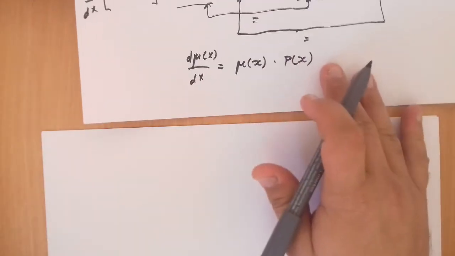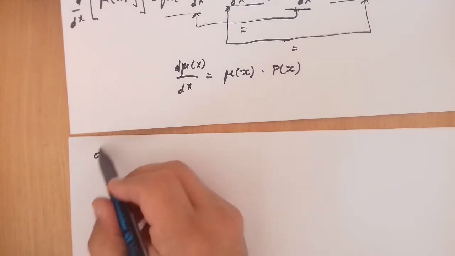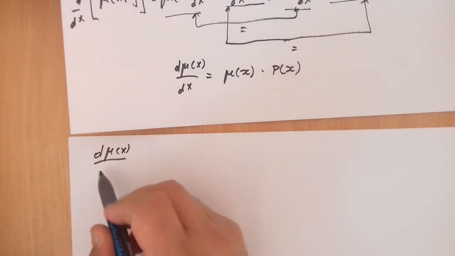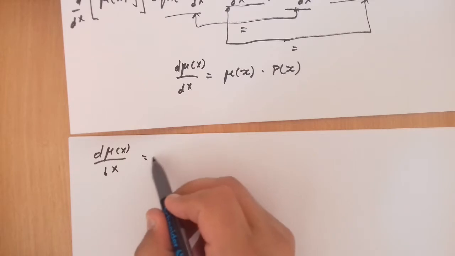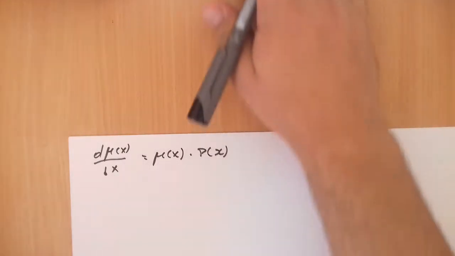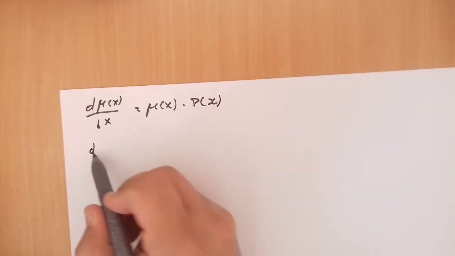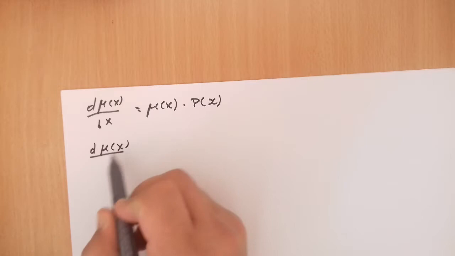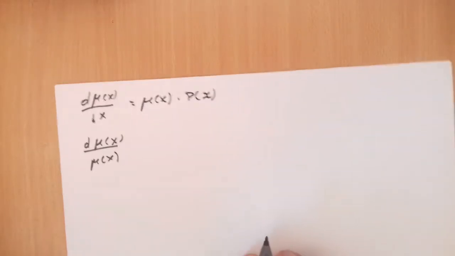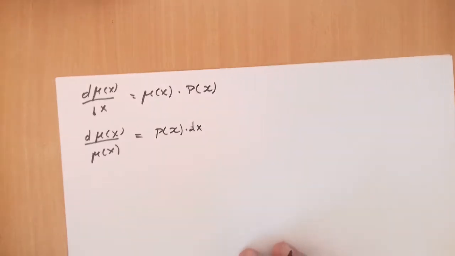So I have to write this again: d mu of x/dx equals mu of x times p of x. And so we separate the variables, so we have d mu of x divided by mu of x, which is equal to p of x times dx.